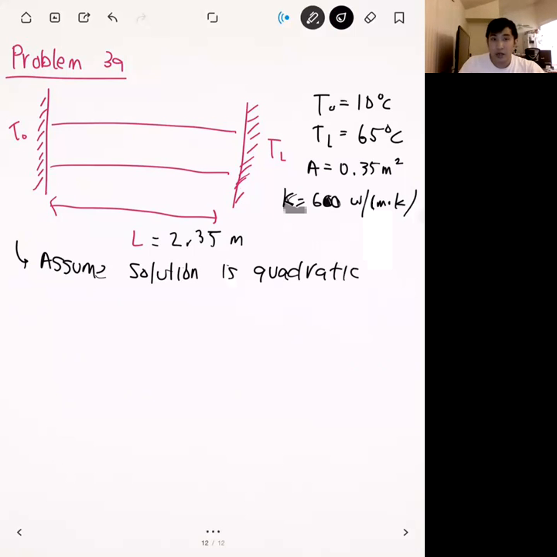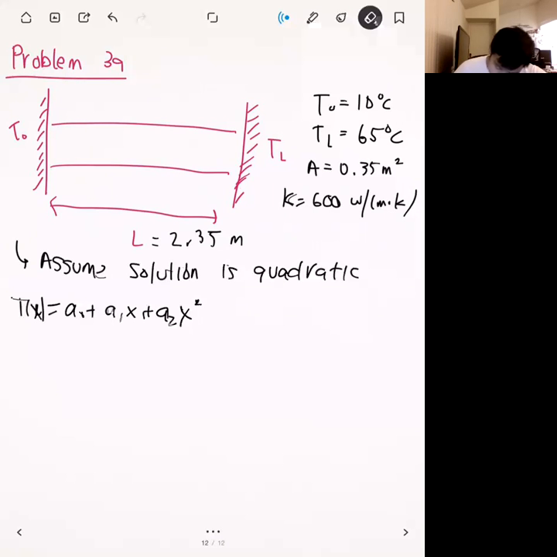What that means is that we're going to have 3 unknowns for both T(x) and w(x). So T(x) is equal to a0 plus a1x plus a2x squared, and w(x) is equal to b0 plus b1x plus b2x squared.